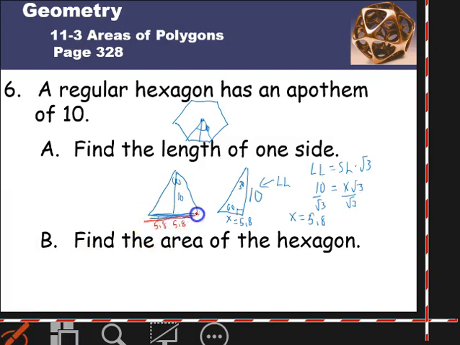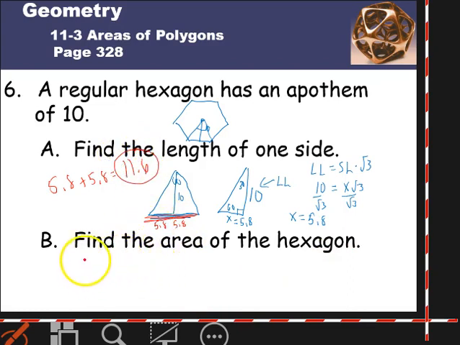So the length of this whole side right here is 5.8 plus 5.8, which is 11.6. So the length of one side is 11.6.